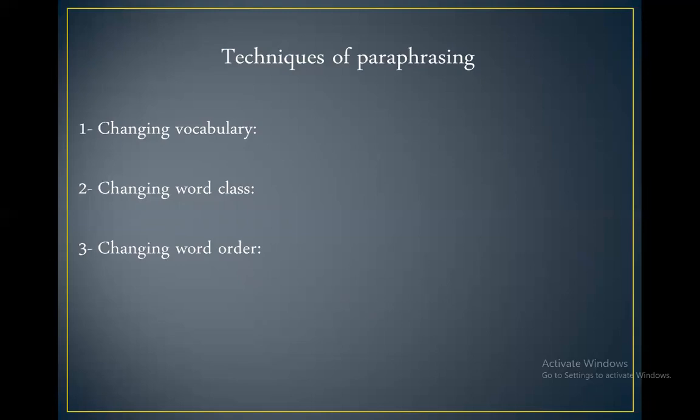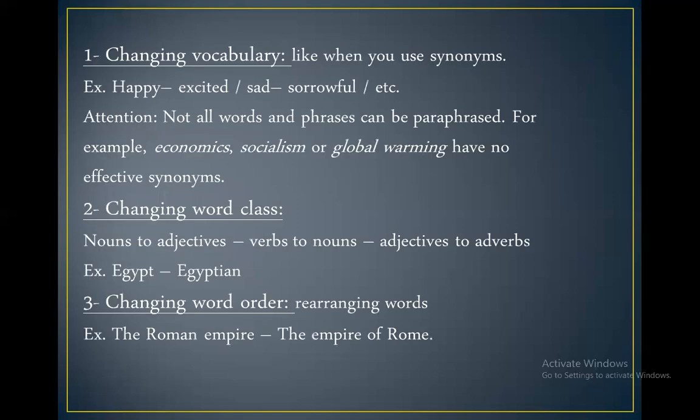You also have the option to rearrange the sentence items. You can start with the subject, or you can move it to the end. You can change the relation between words. For example, when I say the Roman Empire, I can change it simply to the Empire of Rome.